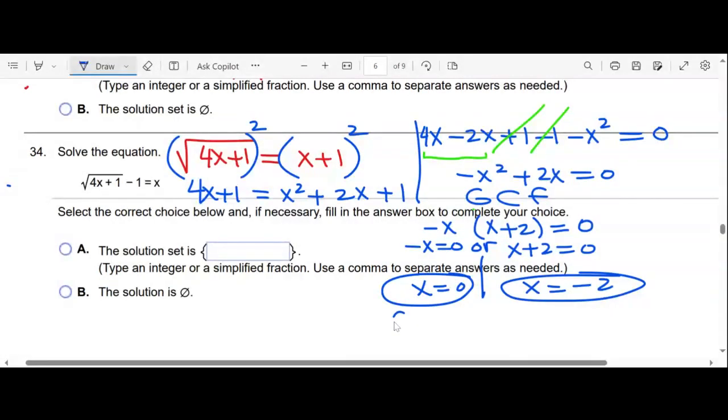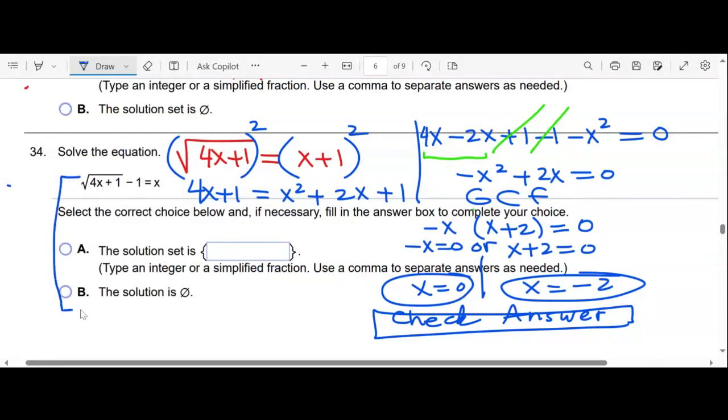What should I do in this case? You have to check the answer. Since you have a square root, you have to check the answer. Now, it's x minus 2, not x plus 2. I was testing you. Very good. You're so smart.